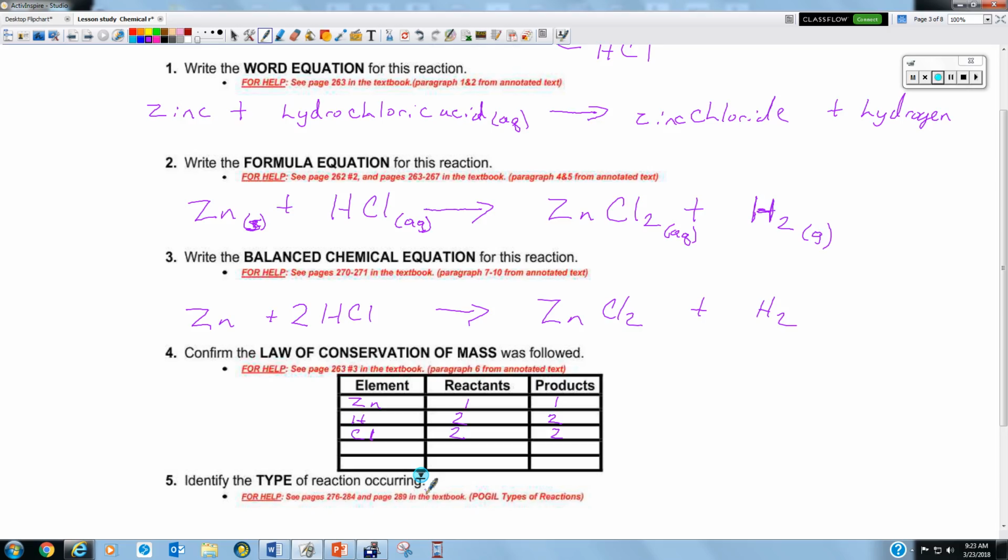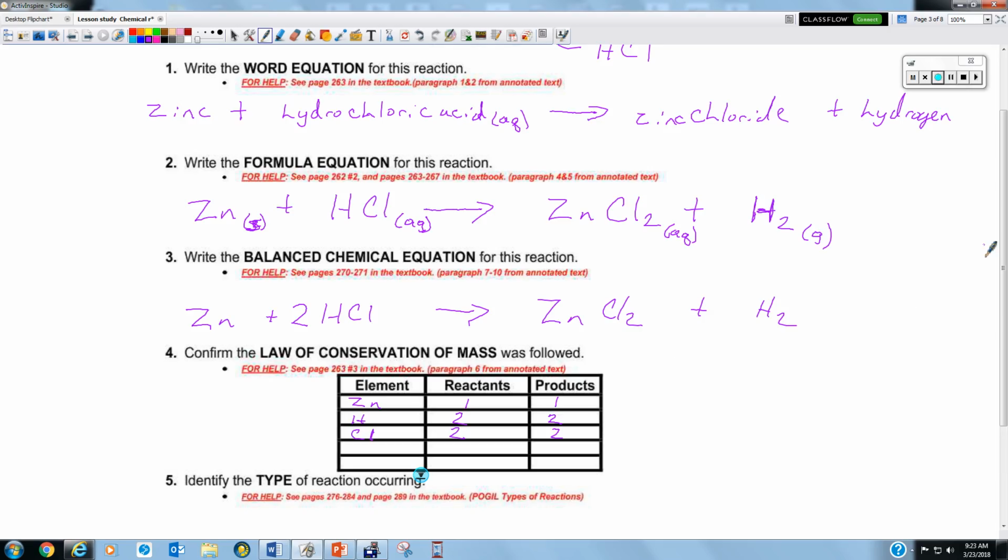If you're ever having trouble balancing an equation, it's good to make a little T-chart like this and just kind of see what's going on. Especially some of those reactions where you might have a polyatomic ion on one side and it splits up on the other side. Those are the ones where it gets kind of complicated that you have to track. Or if you have the same element that appears in more than one place on one side, it kind of causes problems.